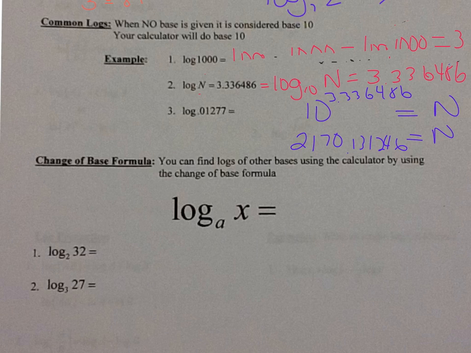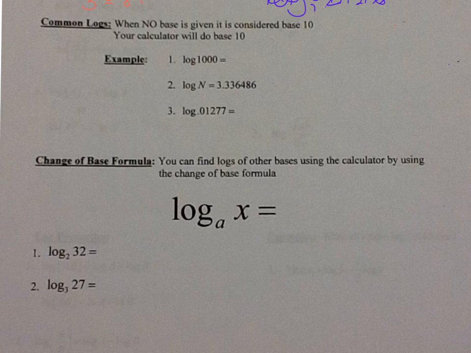All right, so let's take a look at number 3. So this says log of 0.01277. So this is saying log base 10 of 0.01277. So that you could just plug into your calculator. So type in log 0.01277.